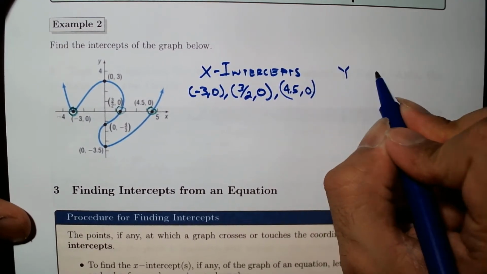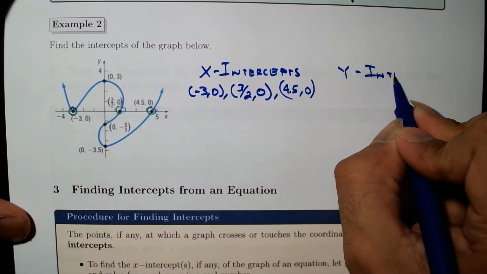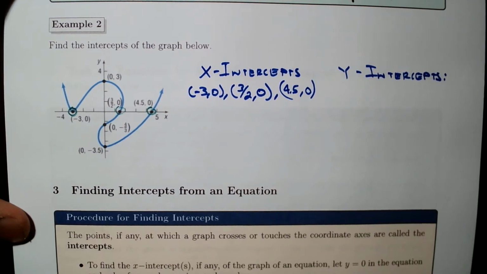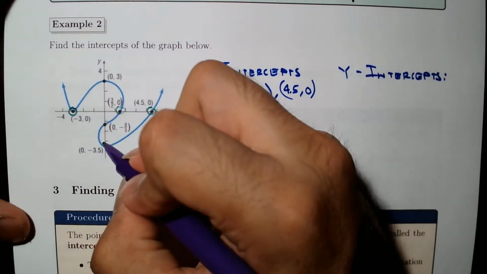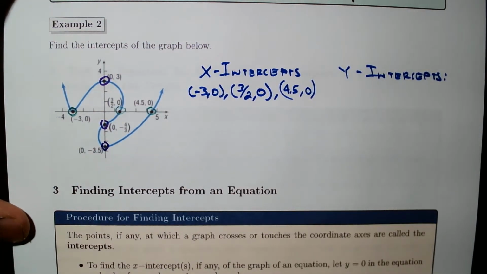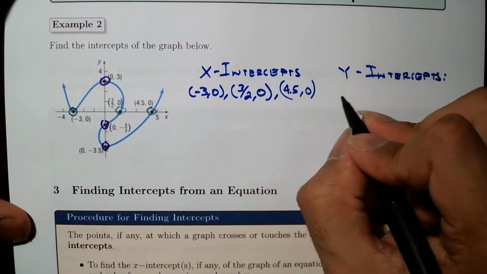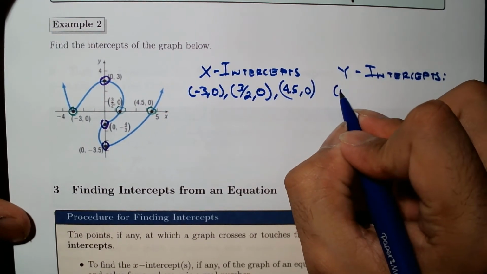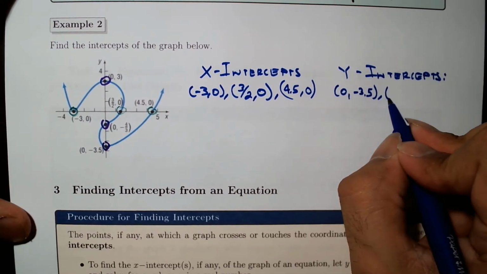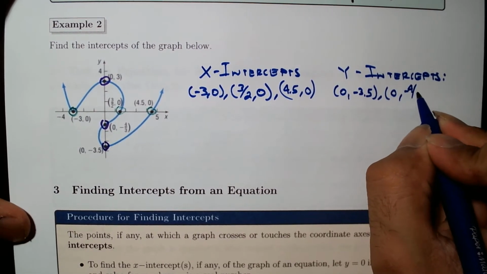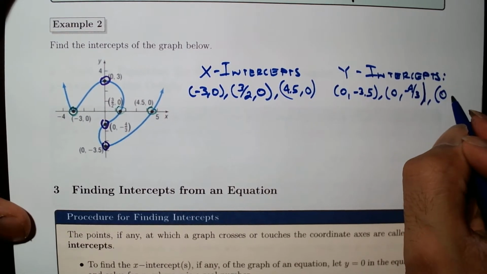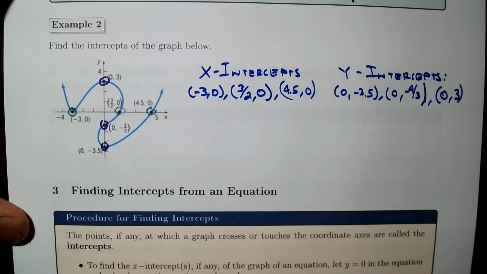The y-intercepts, on the other hand, are going to be the points at which the graph crosses the y-axis. In this case, the point 0, negative 3.5, the point 0, negative 4/3, and the point 0, 3.